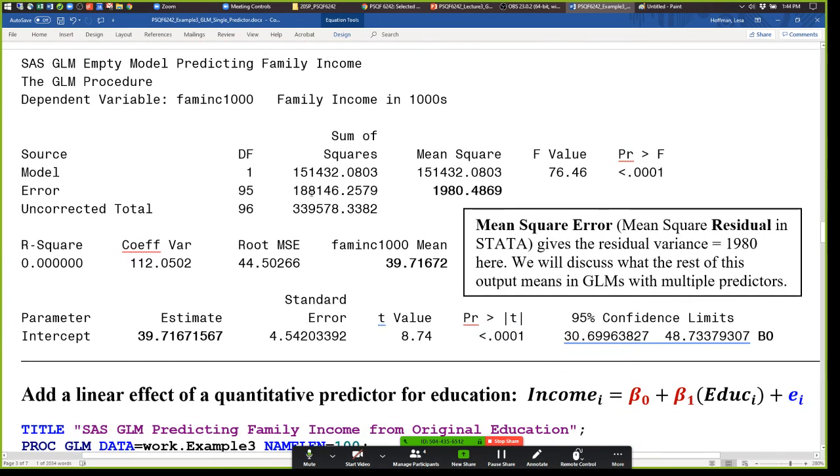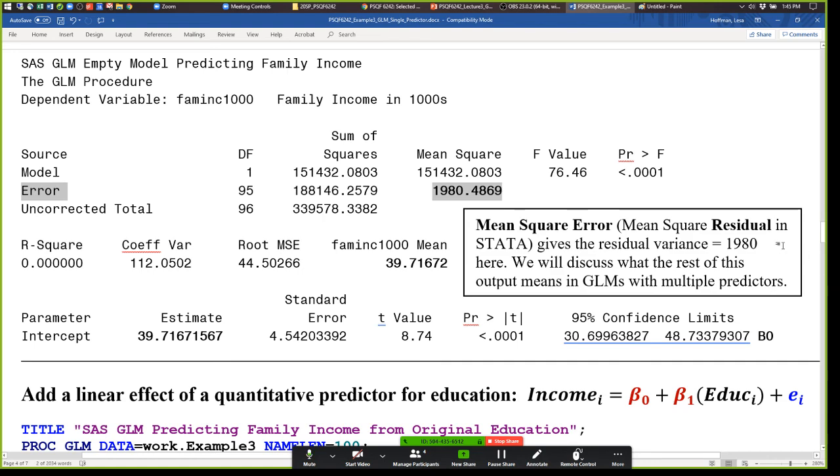In terms of output, here's a whole lot of stuff. I'm going to let you skip all of it for right now, with the exception of this one number right here. That one number, it's under the mean square column and under the error row. That number right there is your residual variance.